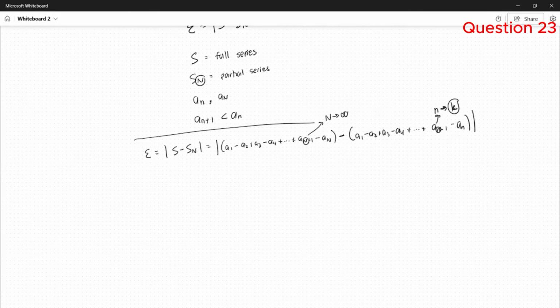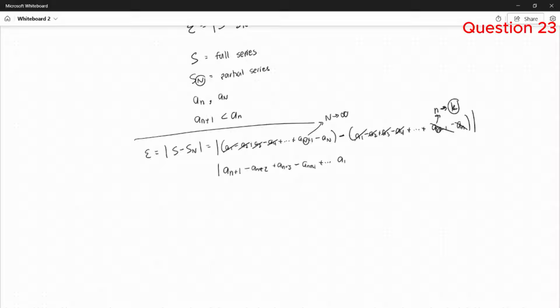We expand everything out, we simplify, and we find that this all cancels out. And all we're left with is a of lowercase n plus 1 minus a of lowercase n plus 2, and so on, so forth, dot dot dot, up until a of capital N minus 1, minus a of capital N itself.